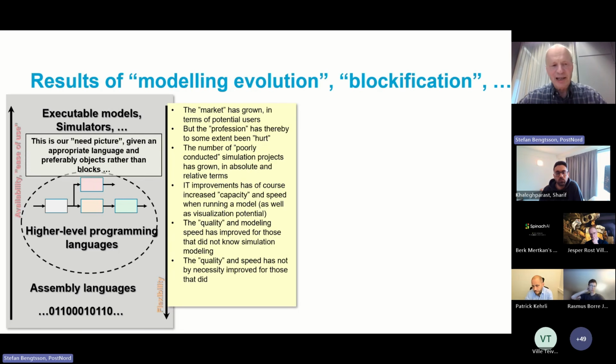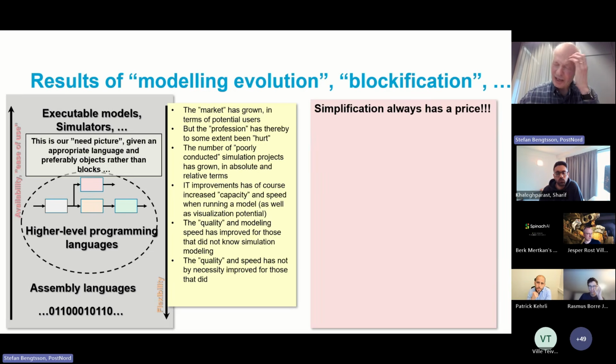So I would claim that the ideal positioning here would really be to help with simplifying modeling using blocks, but never ever to lose the possibility to combine the blocks, to challenge the blocks, to expand the blocks with the help of higher level programming languages. So that's really the neat picture.